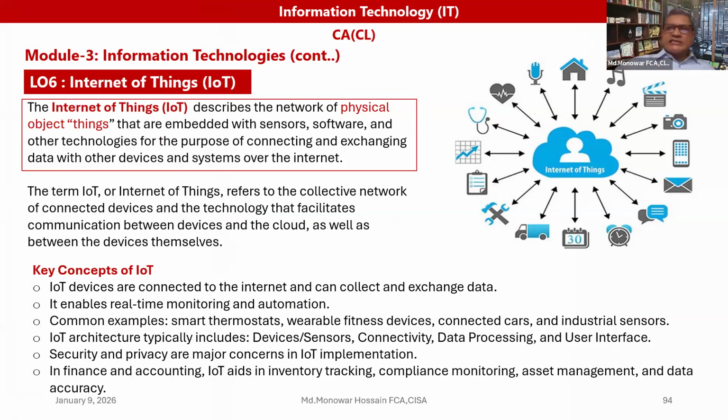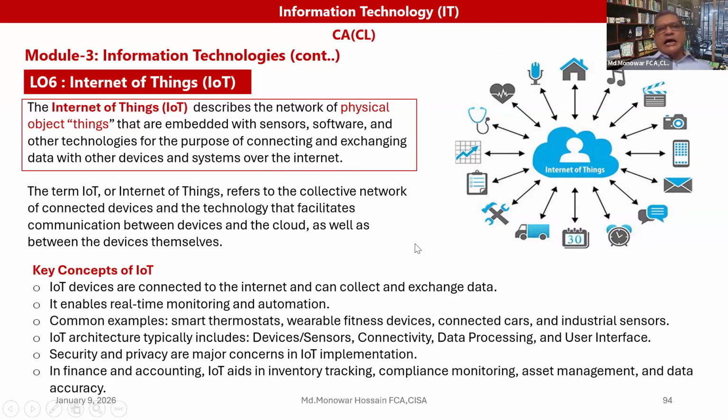Through the sensor. If you see the picture, all are items or things connected with the internet, and all things provide data or connectivity for exchanging data with the systems of the organization or other things.